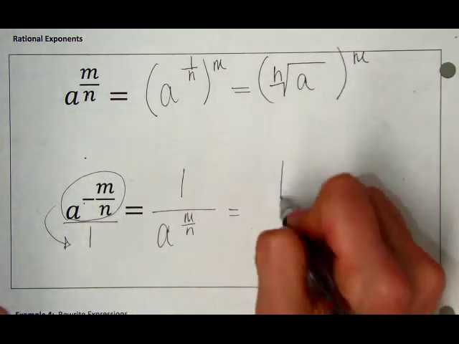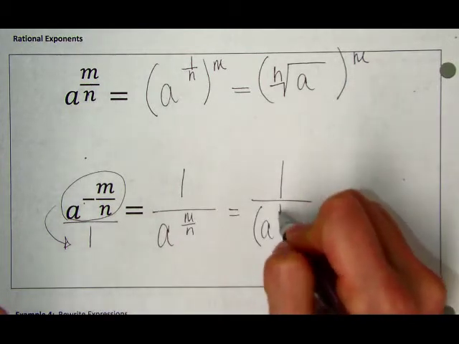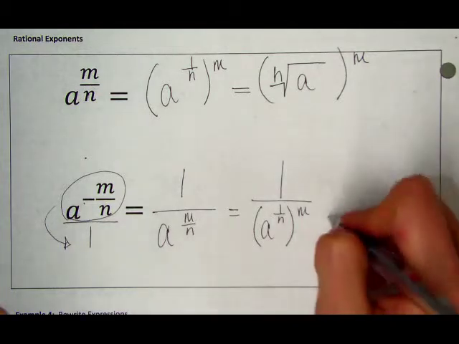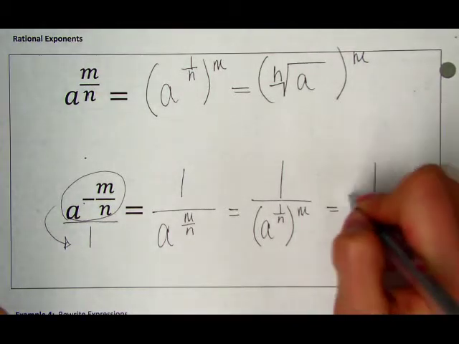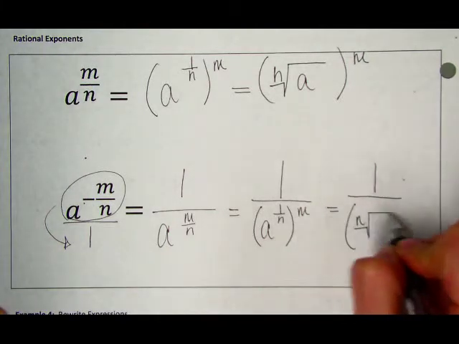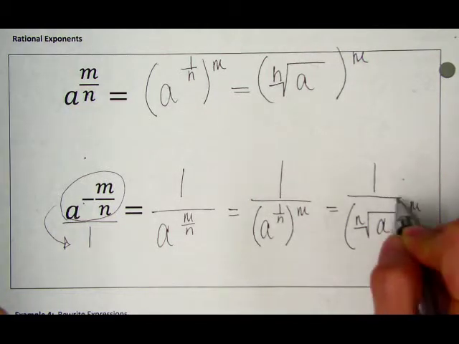Just like up top, this is the same thing as a to the 1 over n to the mth power, which is the same thing as, our index is our denominator, our base is our radicand, all raised to the m.